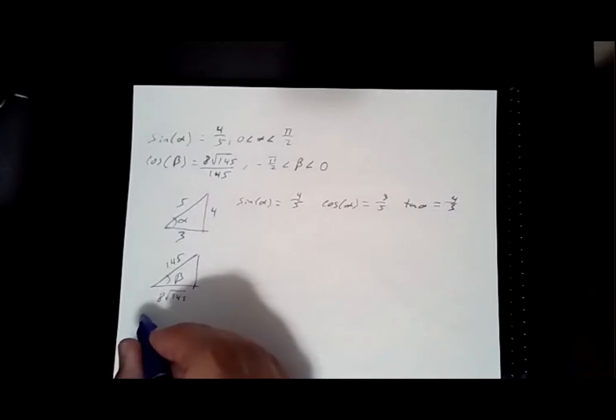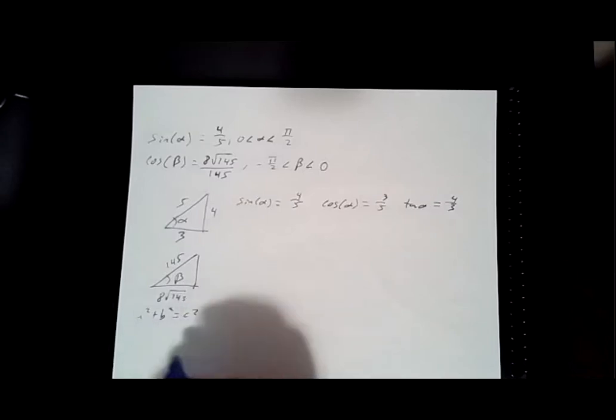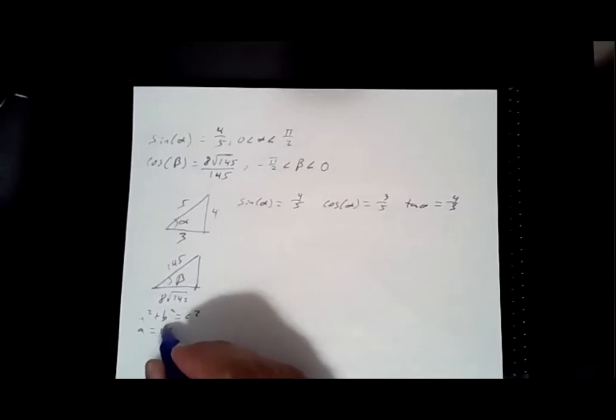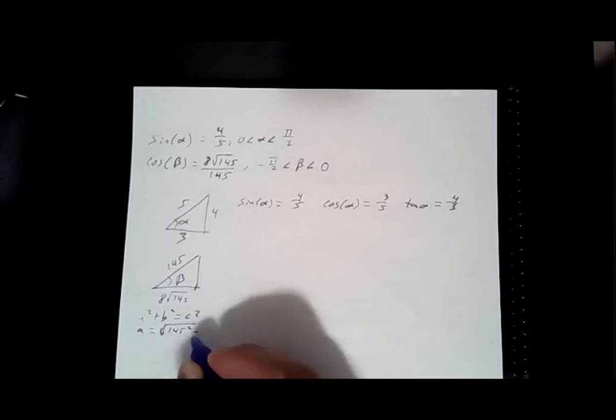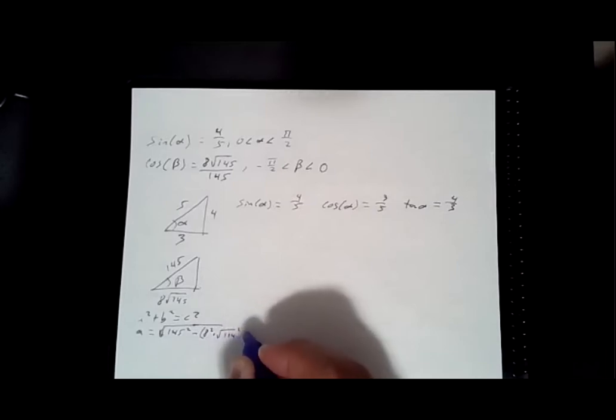So the missing side will be the square root of 145 squared minus 8 squared times root 145 squared.